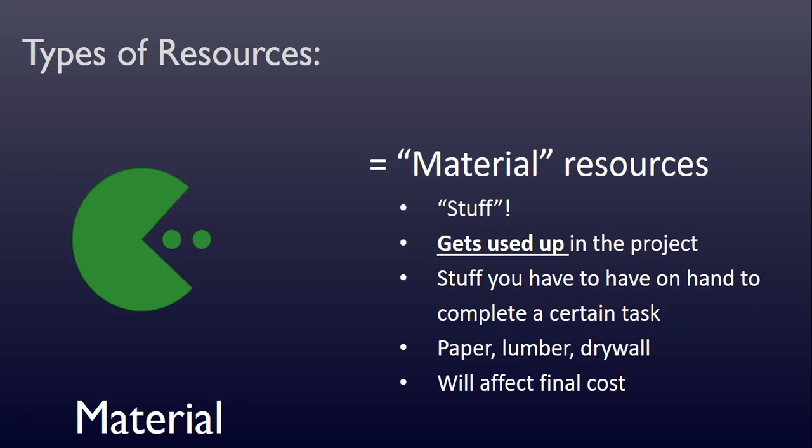We need to have a correct estimate before we begin our project of how much of these resources we are going to use up. And then we need to monitor that those resources are being used efficiently as we go through our project.